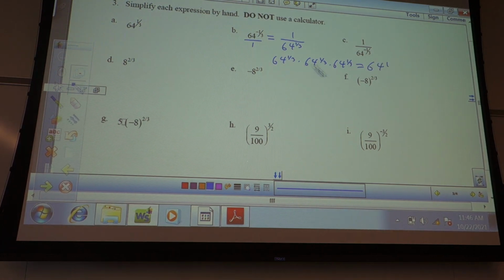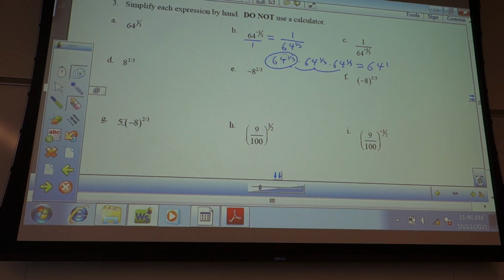Because when you multiply on the same base, you add the exponents. So something multiplied by itself 1, 2, 3 times gives me 64. That's what this 1/3 means. I need 3 of them, because it's 1/3. So what multiplied by itself 3 times gives me 64?